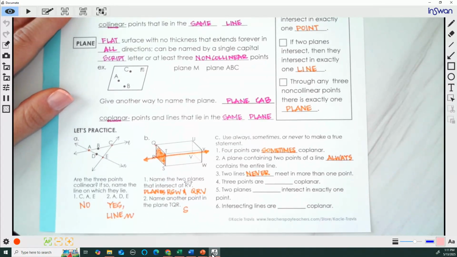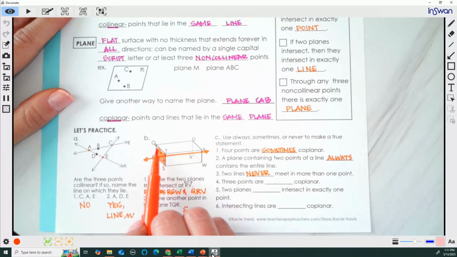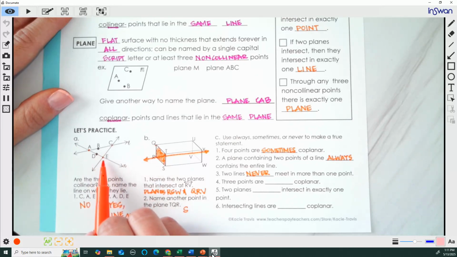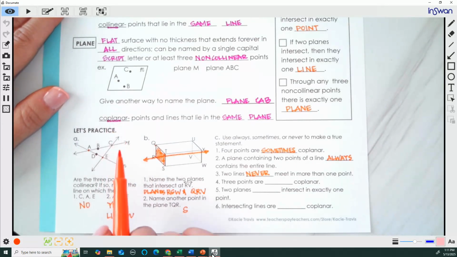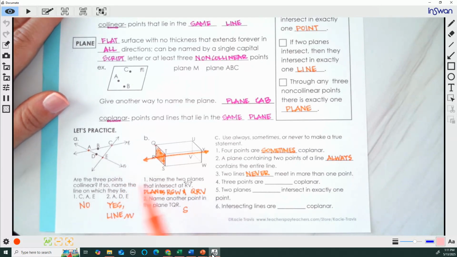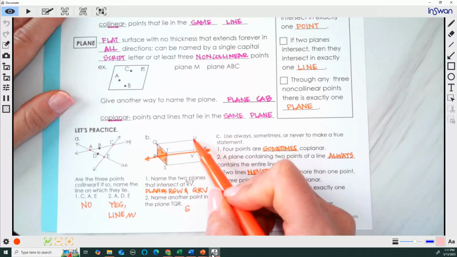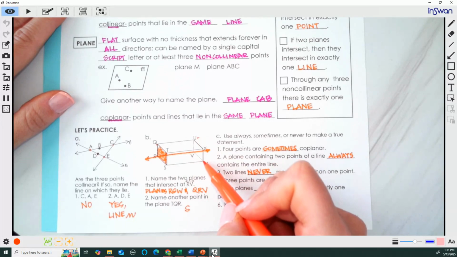3 points are always coplanar, sometimes coplanar, or never coplanar. Well, we know that 3 points for sure are sometimes coplanar because we've got some examples here and here. Can we imagine 3 points that are not coplanar? Try to envision an example of whenever you can have 3 points that are not coplanar. You might say, what about points Q, U, and W?